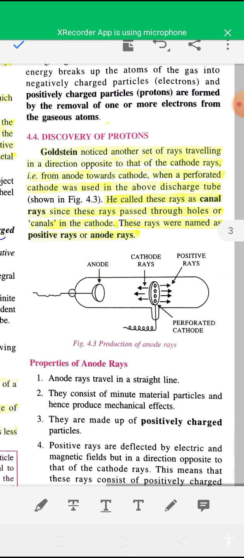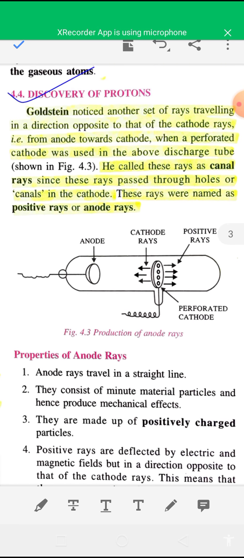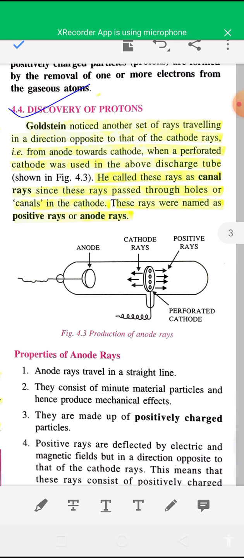Now see the discovery of the proton. Goldstein discovered the proton using the anode ray experiment. Goldstein noticed another set of rays traveling in the direction opposite to the cathode rays, that is from anode towards cathode, when a perforated cathode was used in the discharge tube experiment.